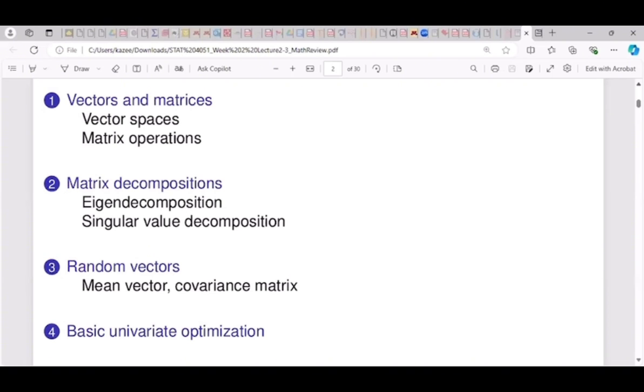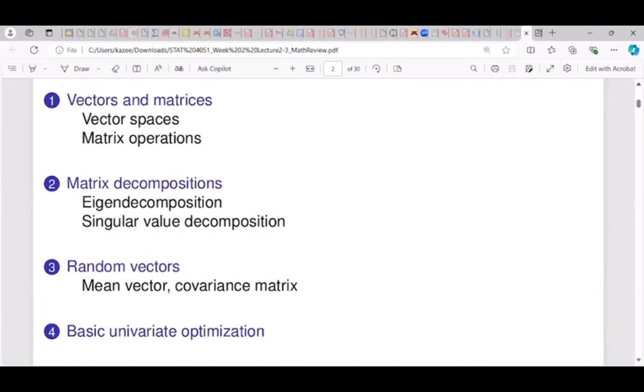We got some missing data, and we actually want to estimate the missing data, or we want to talk about image processing, face recognition, and so on. In matrix decomposition, the eigen decomposition and singular value decomposition become very, very crucial. We're going to make use of them.